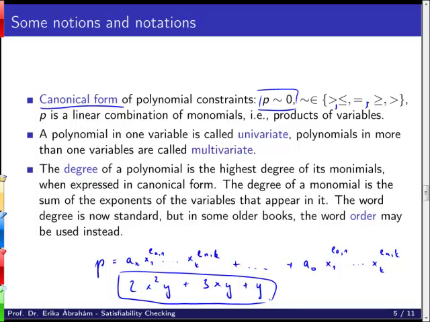A certain special case is univariate polynomials, that means polynomials in one variable. These are, of course, easier to handle, and to illustrate how the procedures work, this is the easiest case. If they have more than one variable, then they are called multivariate.